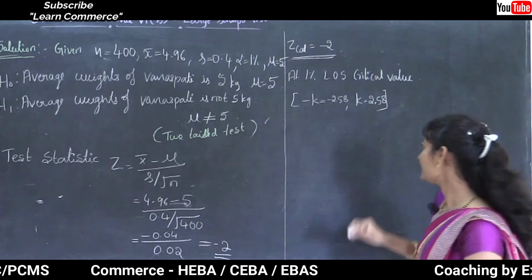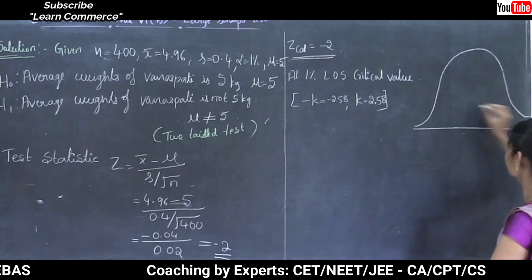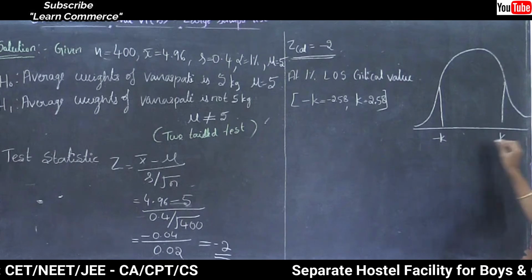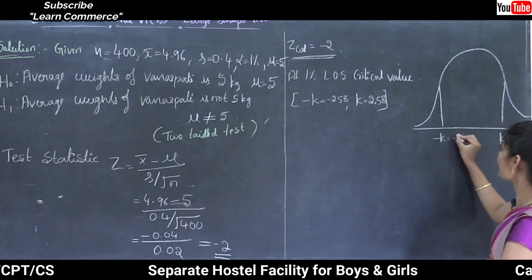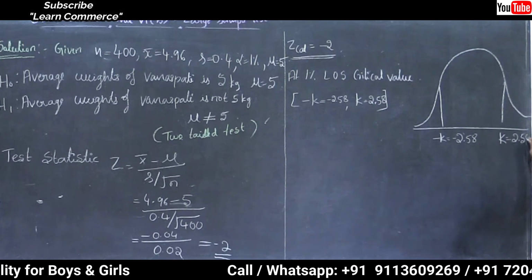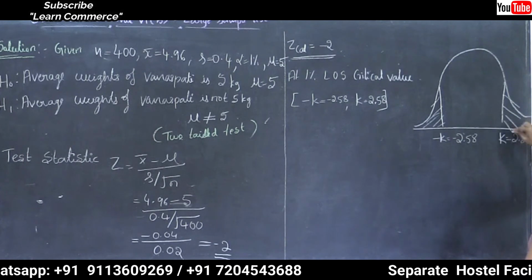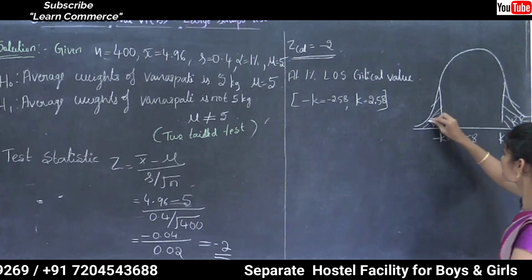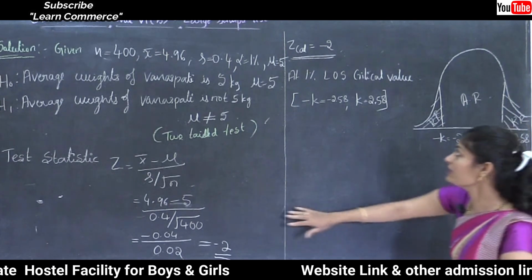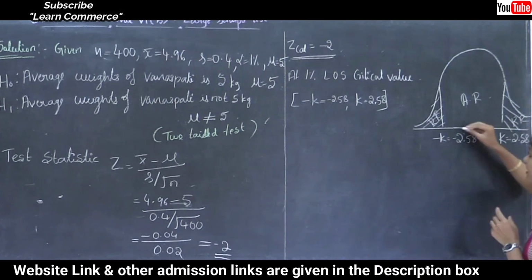And in the graph, here rejection region is located in both the tails like this. This is minus k value, this is plus k value. So here minus k value is minus 2.58 and here plus k value is 2.58. And this is rejection region and this is also rejection region. And this is acceptance region. And see here this calculated value is minus 2 and this minus 2 is located here.